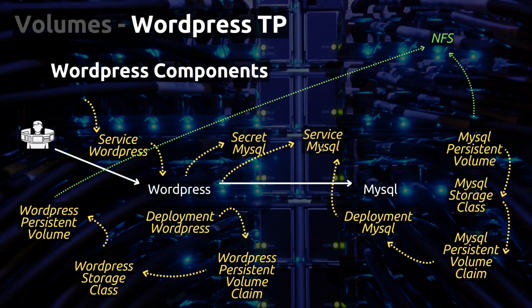In the same way, you will have a secret to set your environment variables, mainly the user and the password for your MySQL, and you can mount it inside the MySQL deployment.